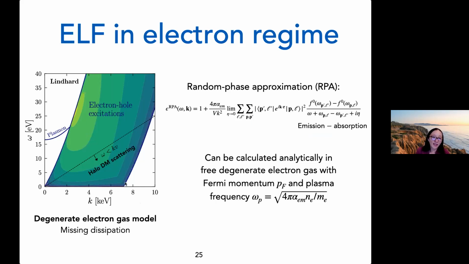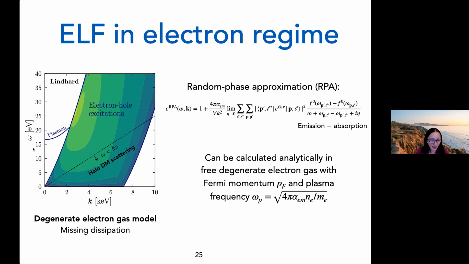Here I'm plotting the energy loss function in a very simple model, which is just the degenerate electron gas model. If you just take a spherical Fermi surface electron gas with a given Fermi momentum and plasma frequency, you can directly calculate this analytically, and this is roughly what the energy loss function looks like.